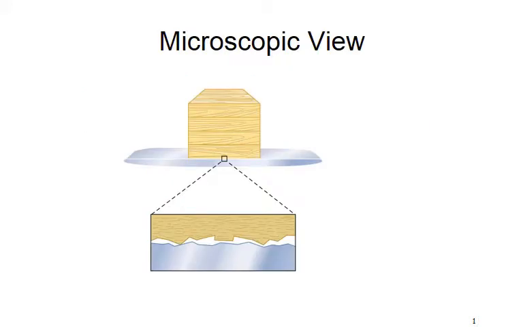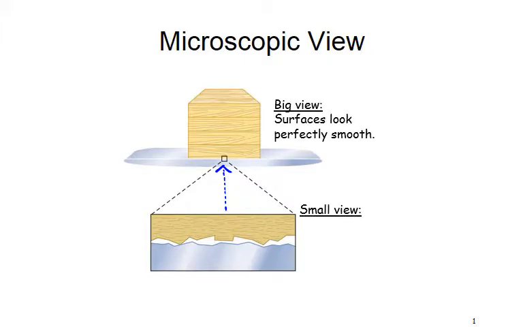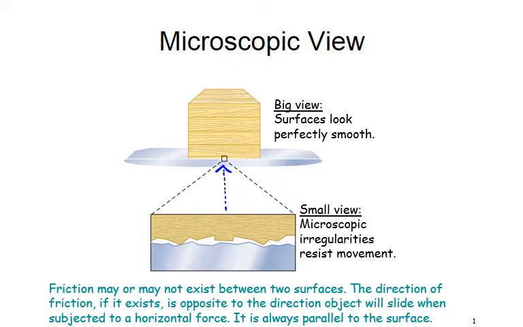So if we look at this block on ice, we can zoom in real far here, and we can see the irregularities in both the block and the ice. And so as we try to push this, there's going to be some resistance to that. So even though the surfaces can look really, really smooth, there's going to be a resistive effect there.